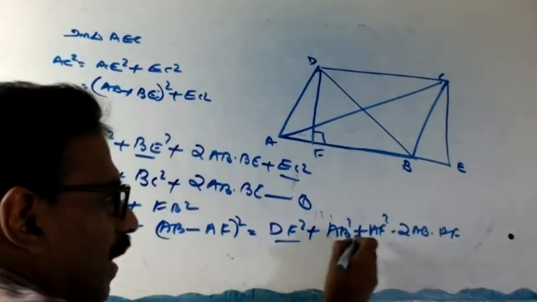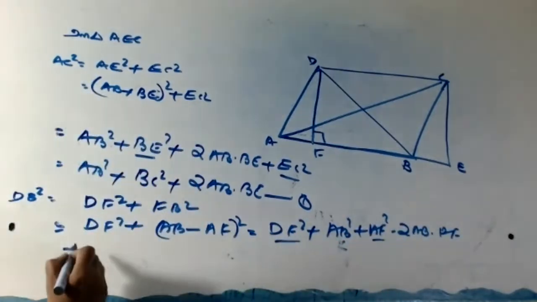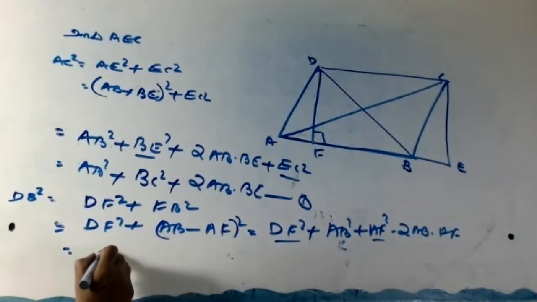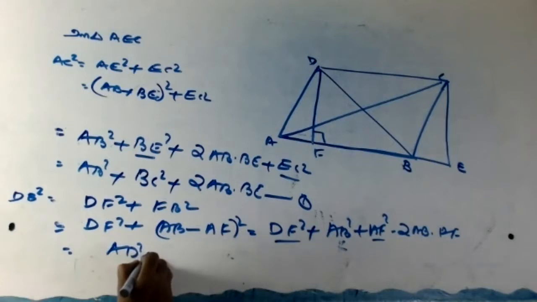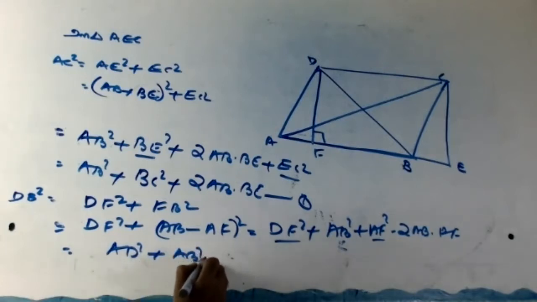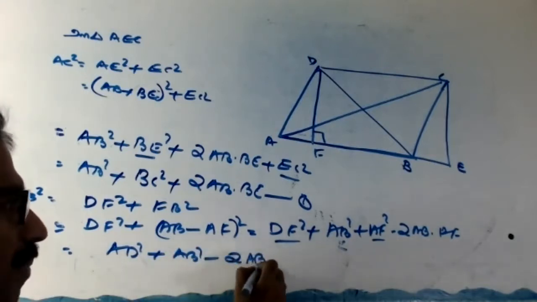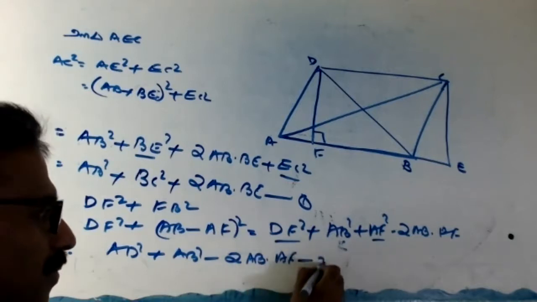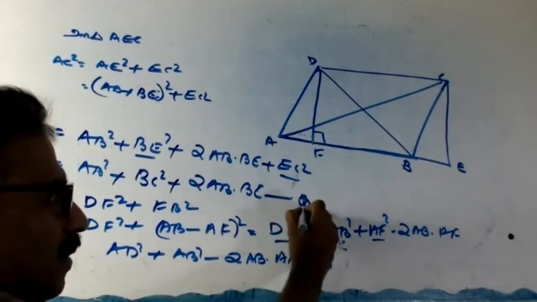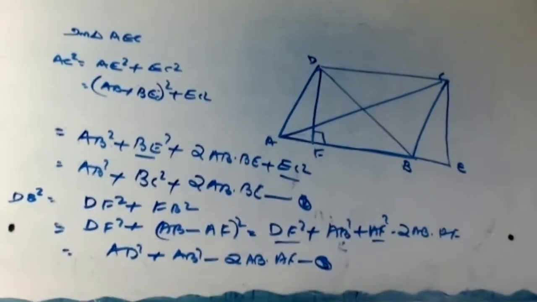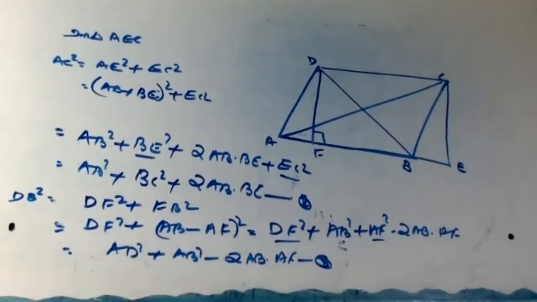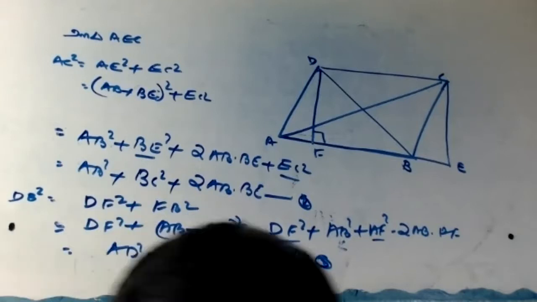Okay, this one and this one combined. We got AF square plus DF square is AD square plus AB square minus 2 AB into AF, number 2. Not number 2. 2 here, 3 here. Okay, now you listen. Okay, right up to here.